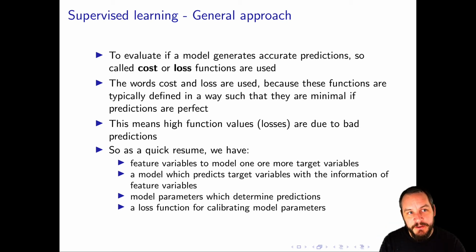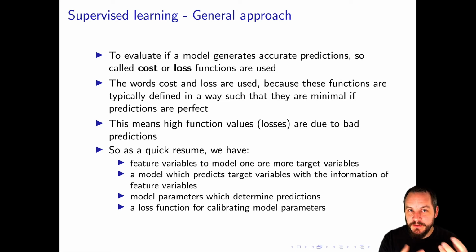in the area of supervised learning, our aim is to generate good predictions for a target variable. We assume that there are some variables which help us to generate these predictions. So indirectly we assume that there is some sort of relationship which is at least partially deterministic between the feature variables and the target variable.